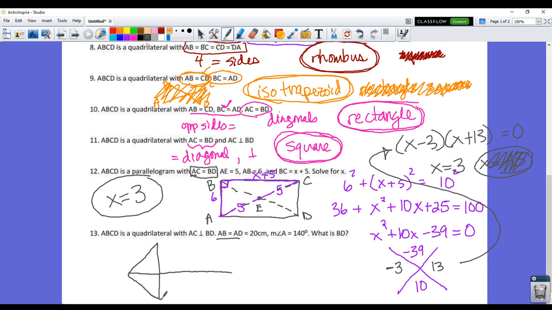Here's your kite. We'll start it set up like this, but your job is to answer this question. Here is A and B and C and D. AB and AD are 20, so these two sides are 20, and the measure of angle A is 140 degrees.